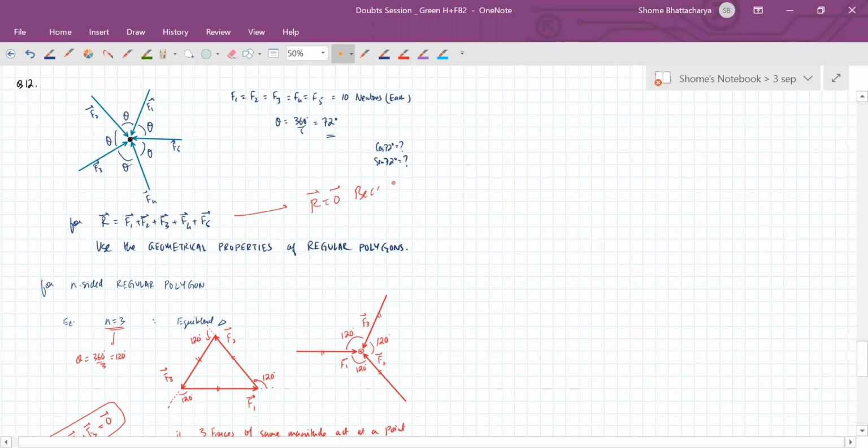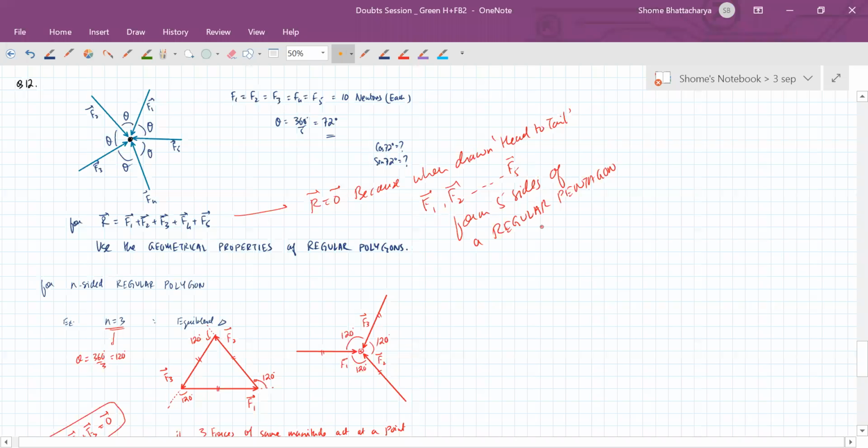Because when drawn head to tail, okay, they form the five sides of a regular pentagon.